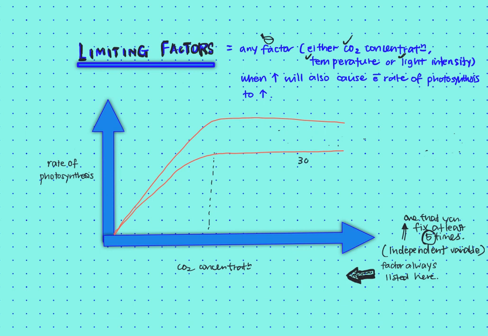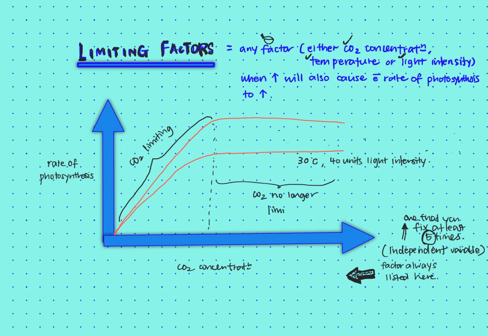So sometimes they will tell you like this: this is the temperature, and then the light intensity, they will tell you is 40 units, for example. Usually they are concerned, why are they interested to raise the graph like that? You see, for this part here, CO2 is always limiting. But when you reach this part here, CO2 is no longer limiting.